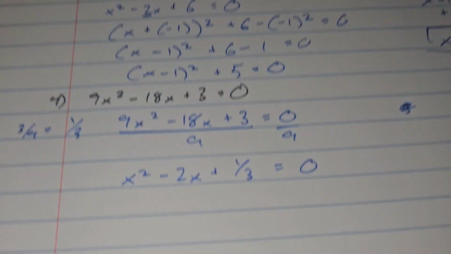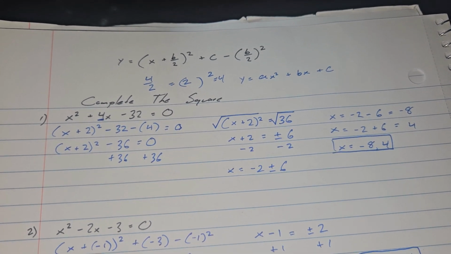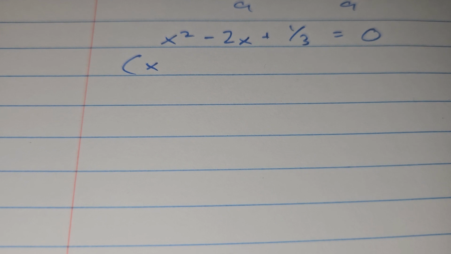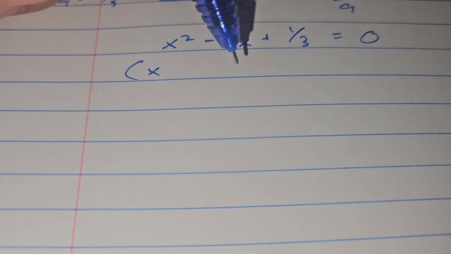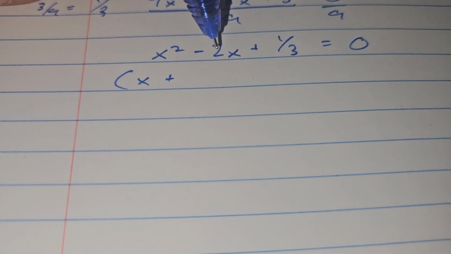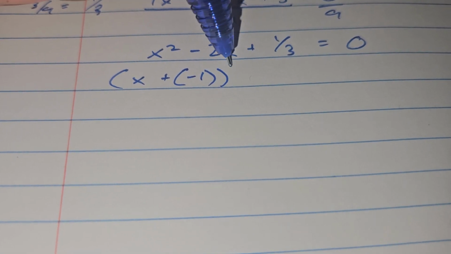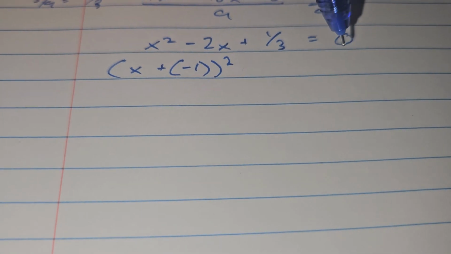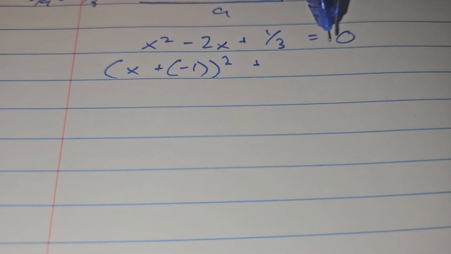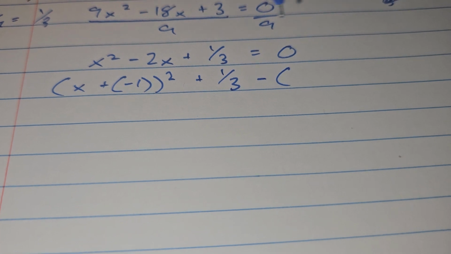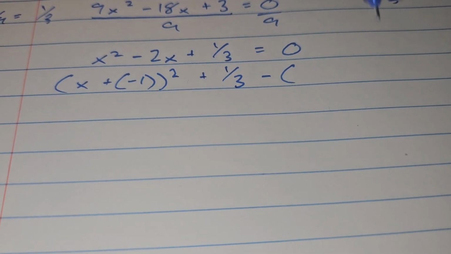So now we can go ahead and apply our formula that we learned here. Again, x plus b divided by 2, which is negative 2 divided by 2, is negative 1. You square all of that, plus 1/3, our c, our constant, minus negative 2 divided by 2 is negative 1.